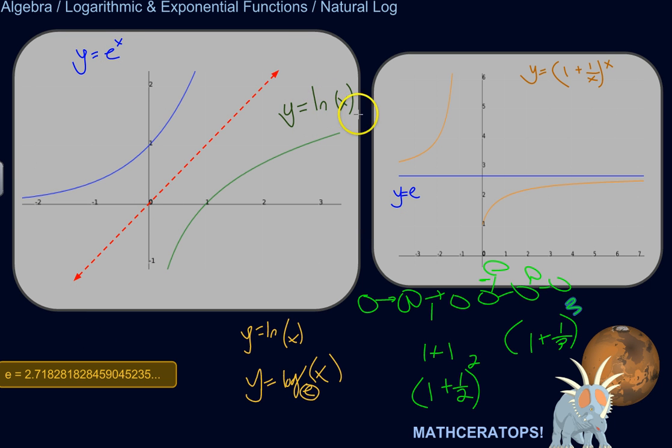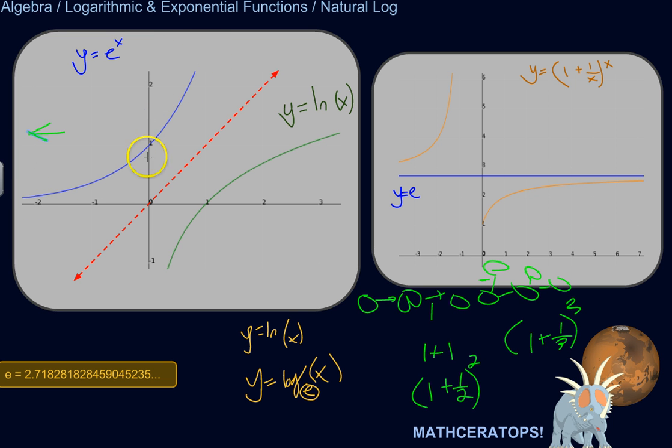So the natural log of x is the inverse function of y equals e to the x. As you can see, e to the x, as you go towards negative infinity this way, approaches 0. So its range is y greater than 0 and less than infinity.